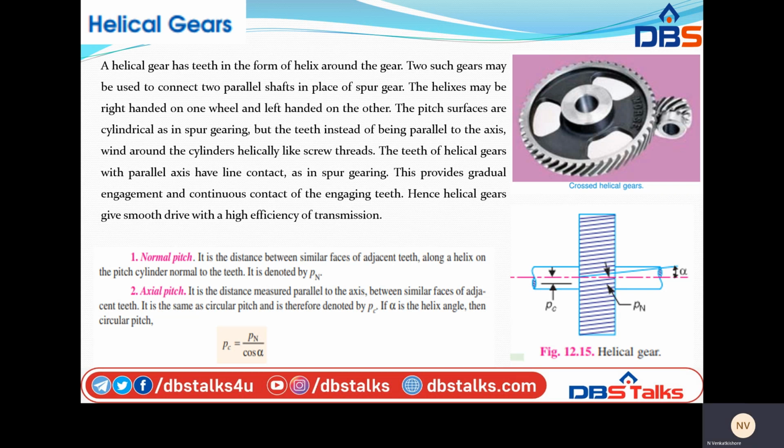So we already discussed the helical gears, which may be of the single helical type or double helical type. In the case of single helical gears, there is some axial thrust between the teeth, which is a disadvantage. In order to avoid this axial thrust, double helical gear systems are used.